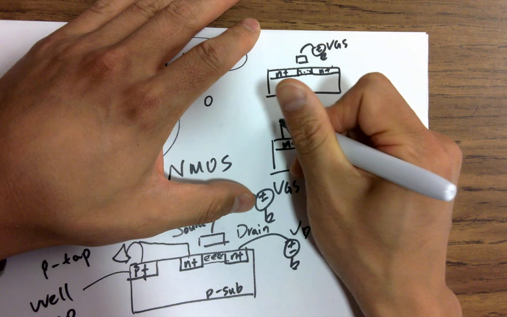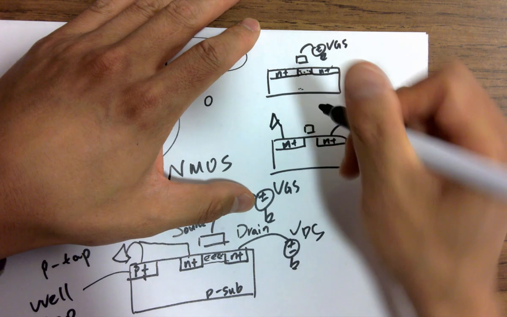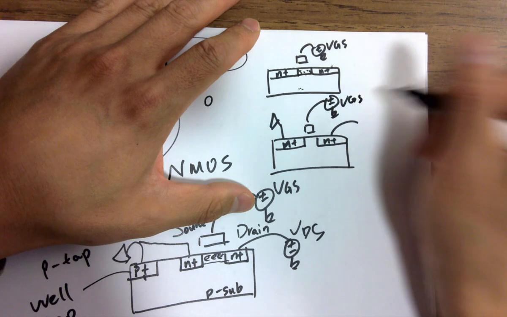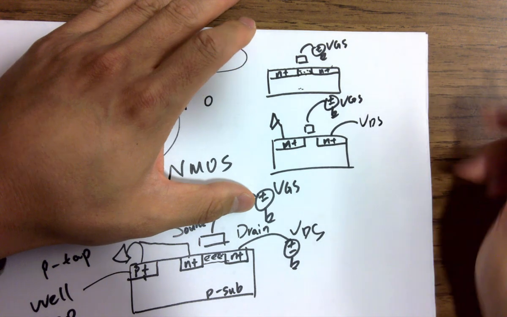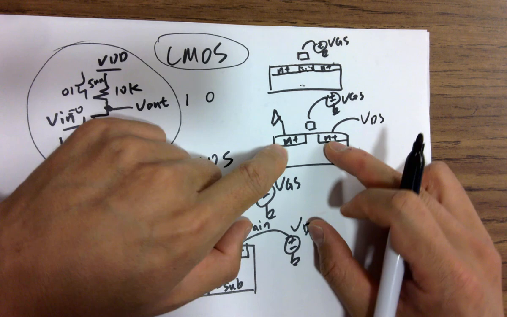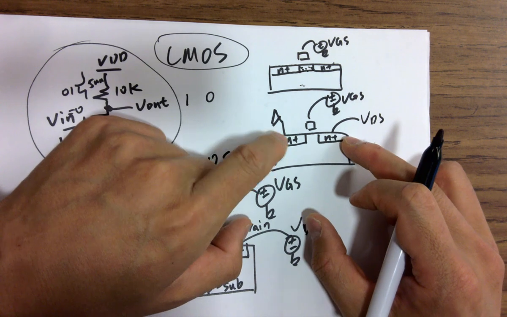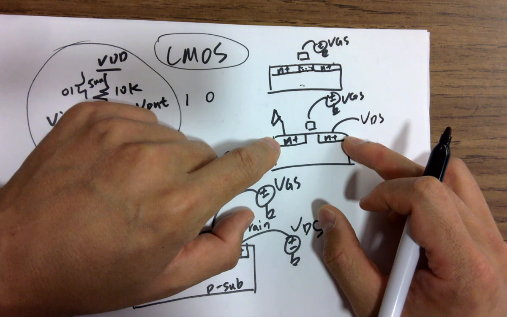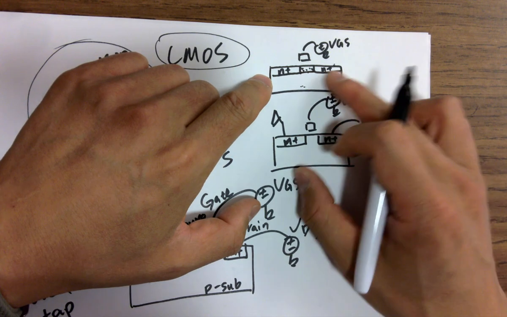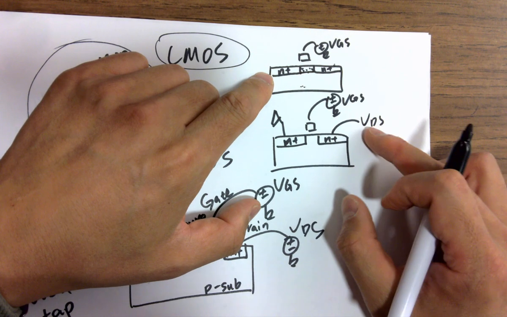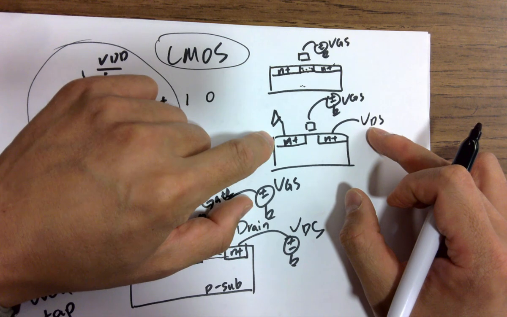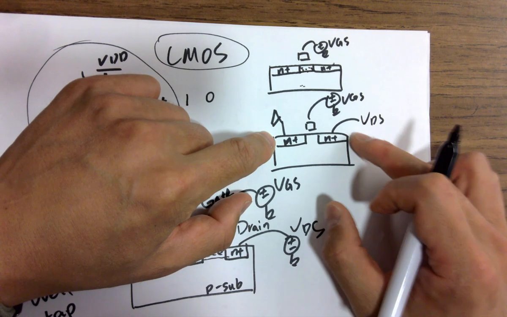Here is still VS, for example, shorted, and here's VGS. This is VDS. You can tell that this is symmetrical, so you cannot really tell the difference between drain and source, especially in CMOS technology, where it's actually equivalent. It depends on where you apply the higher voltage and where you ground it. If you ground it over here, this is considered the source, and this is considered the drain.